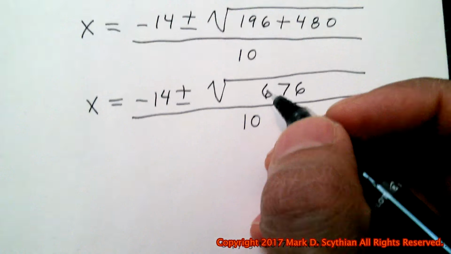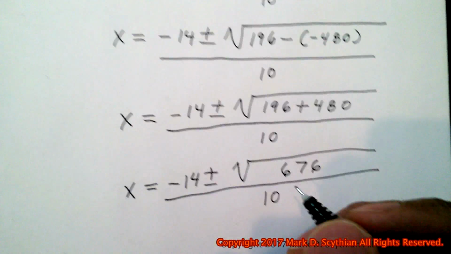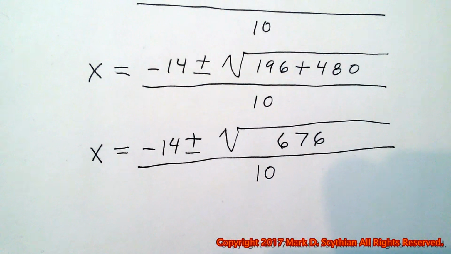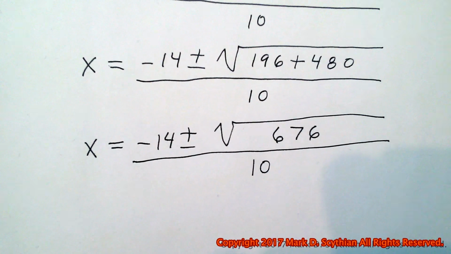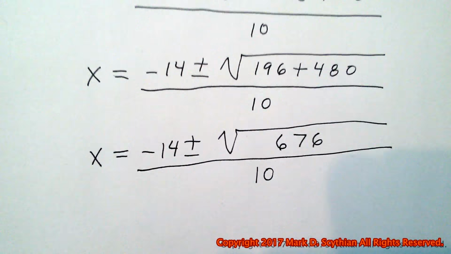But if this had been a positive 24, you would have ended up with a negative square root, and in an algebraic application, technically that would not be factorable because you're going to end up with an imaginary number. And so the correct answer would be no solution or cannot factor.